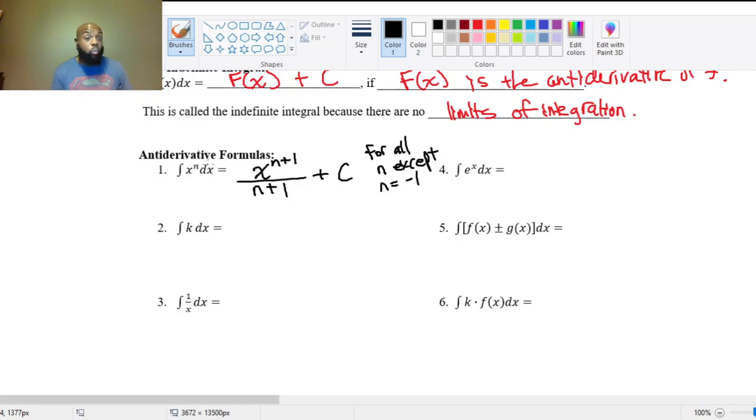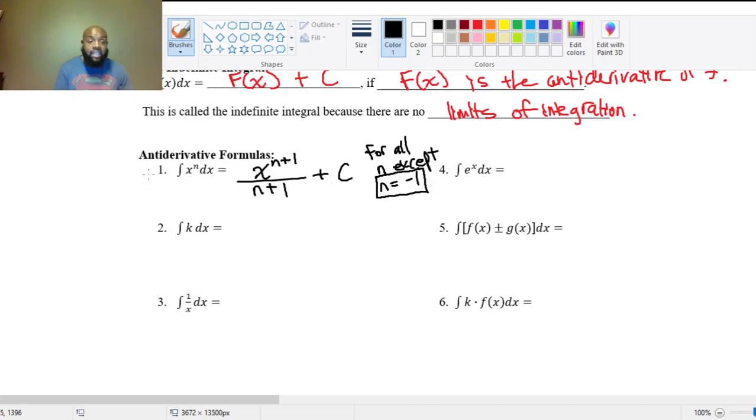This rule works for any n except for n equals -1, and I want you to look at why. If n equaled -1, then using this formula we get -1 plus 1 in our denominator, which would be 0, and we could never divide by 0.